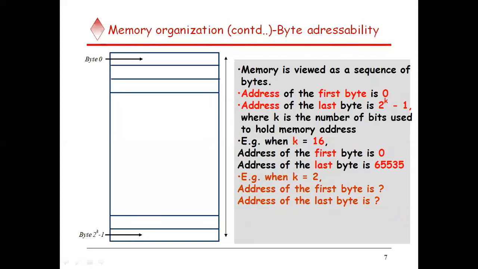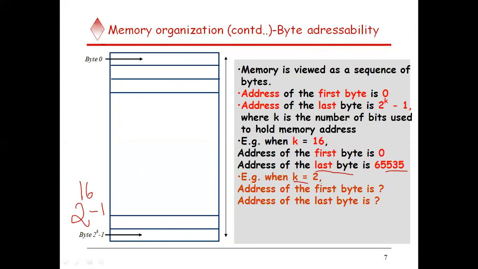Then in the same example, if k is equal to 16, your first address will be 0, and where is the last address? The last address will be 2 raised to 16 minus 1. So 2 raised to 16 minus 1 is 65535. So 65,535 is the last byte address.